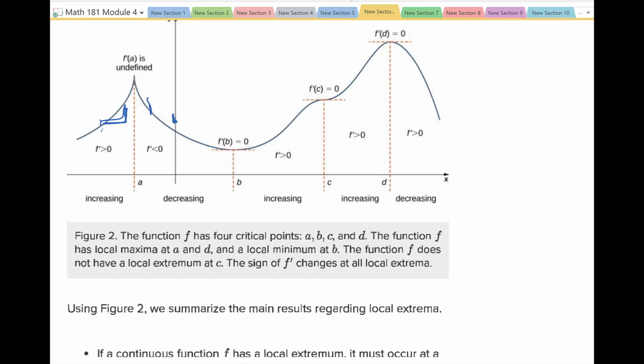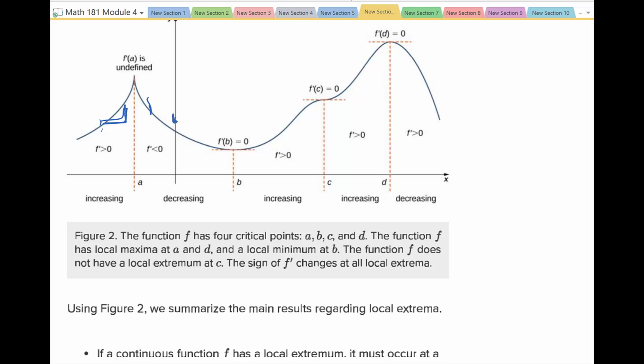Let's try another one of these that didn't print. So here we have f of x equals negative 2x cubed plus 42x squared minus 240x plus 1.